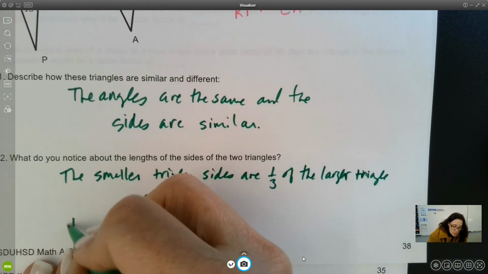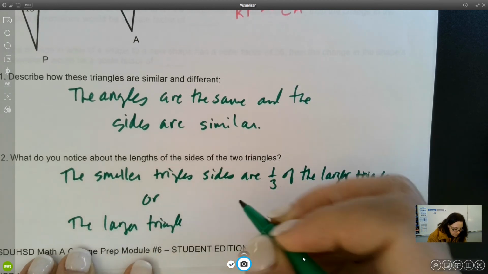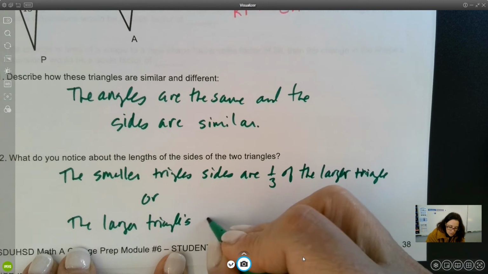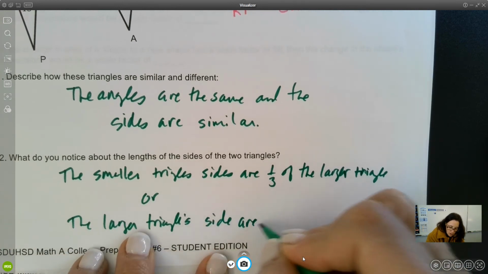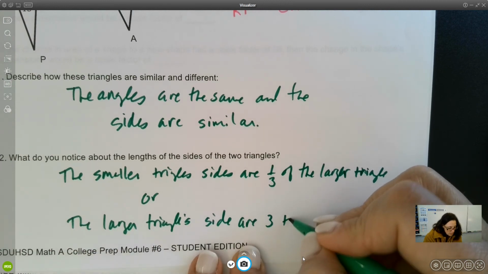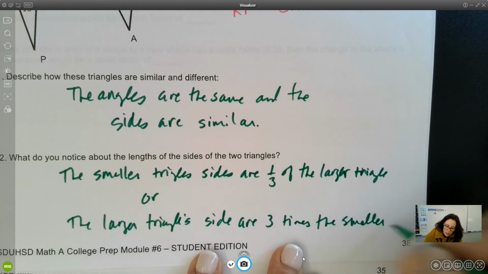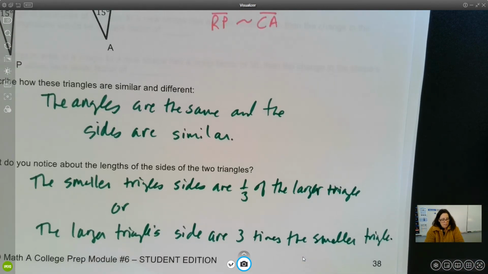Or you could also say the larger triangle's sides are 3 times the smaller triangle.